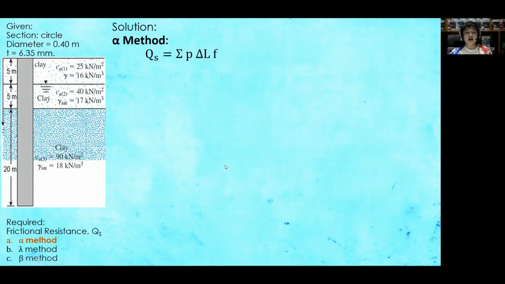So let's consider the alpha method, whose Q sub S is equal to the sum of P times the segment L times F. And F is equal to alpha times Cu. Thus, the resistance is equal to the sum of P times delta L times alpha times Cu.